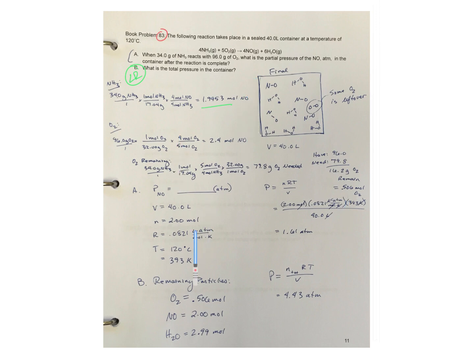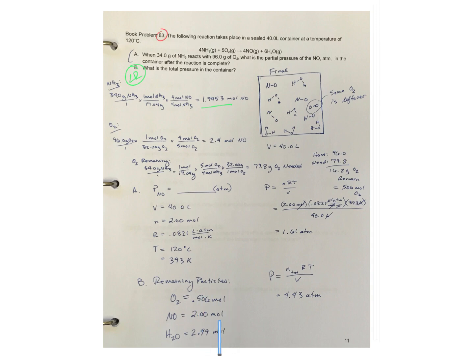So we know that there will be 2 moles of NO. We just calculated that there would be 0.506 moles of oxygen. And we know that there is 1.5 times as much water. So using the numbers from the calculation, 1.9953 times 3 divided by 2, you end up with about 3 moles.